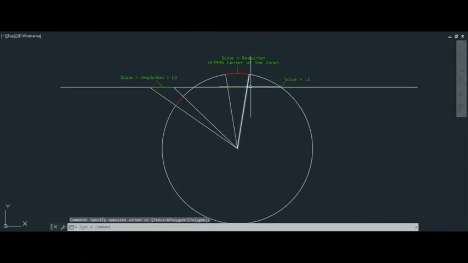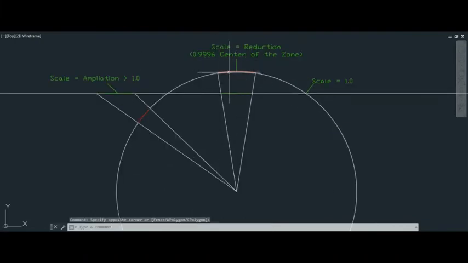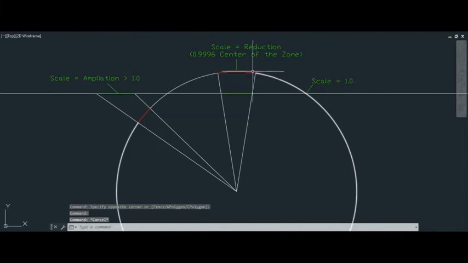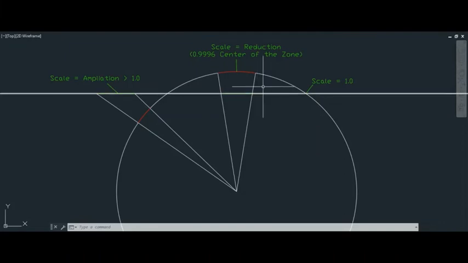Then in the center over here, as you can see, we've got an arc. Imagine that's the arc formed by that slice of orange that Mike was talking about, and we need to project that on the plane.